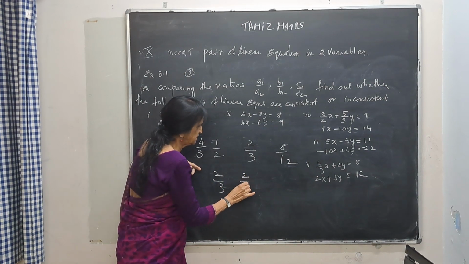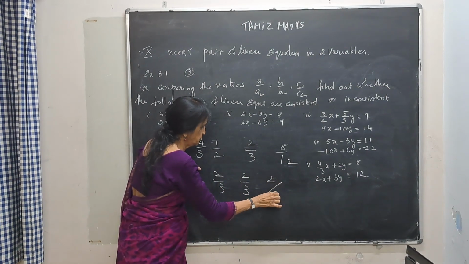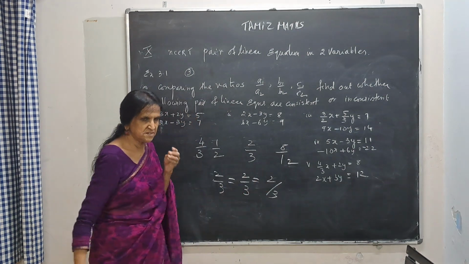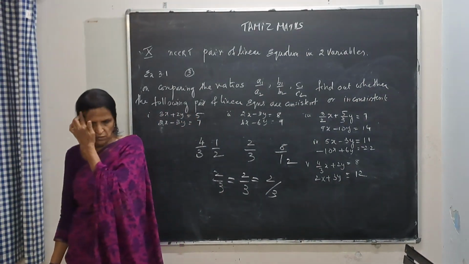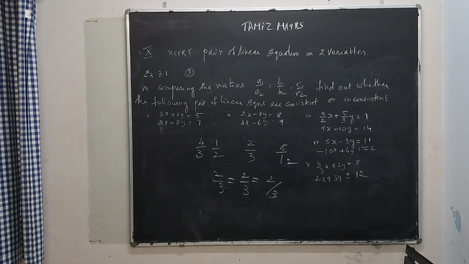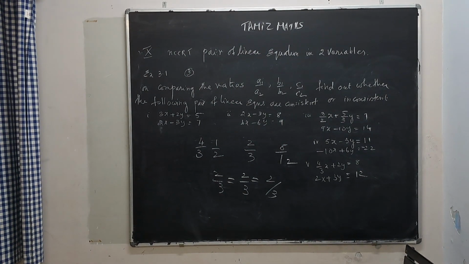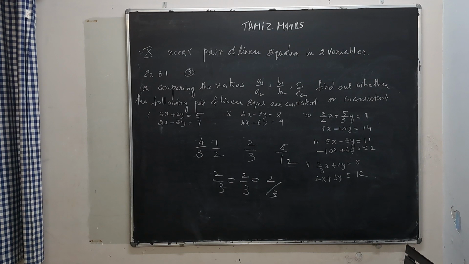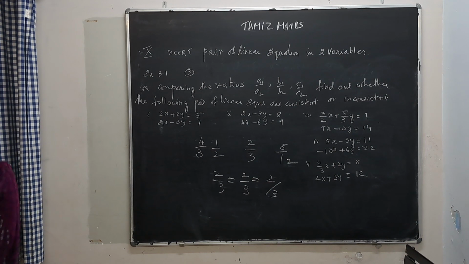This is 2 by 3 and this is also 2 by 3. So this is consistent. A1 by A2 equal to B1 by B2 is equal to C1 by C2. So it's consistent with many solutions. Okay? So this is regarding problem 3.